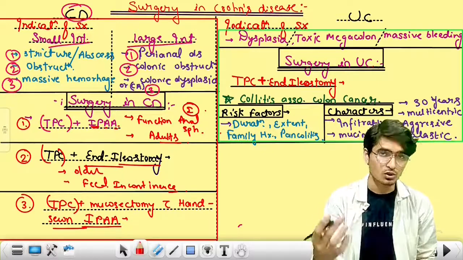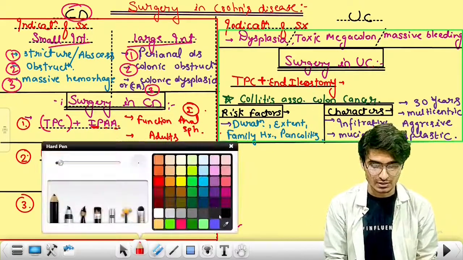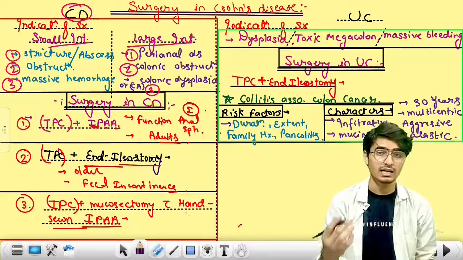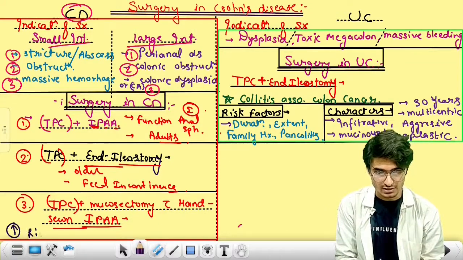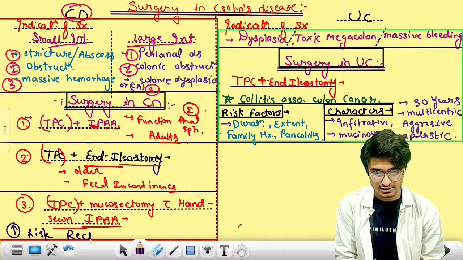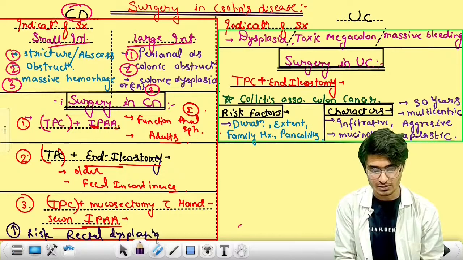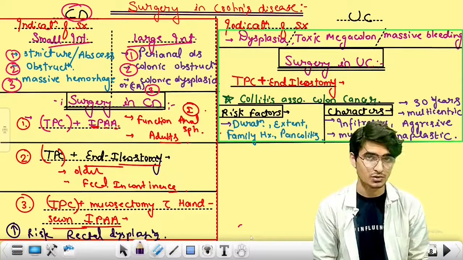And what is the indication of this surgery? It is done in patients with a high risk of rectal dysplasia. If the patient has a high risk of getting rectal dysplasia, we need to perform this surgery. And this is the surgery in the case of CD.